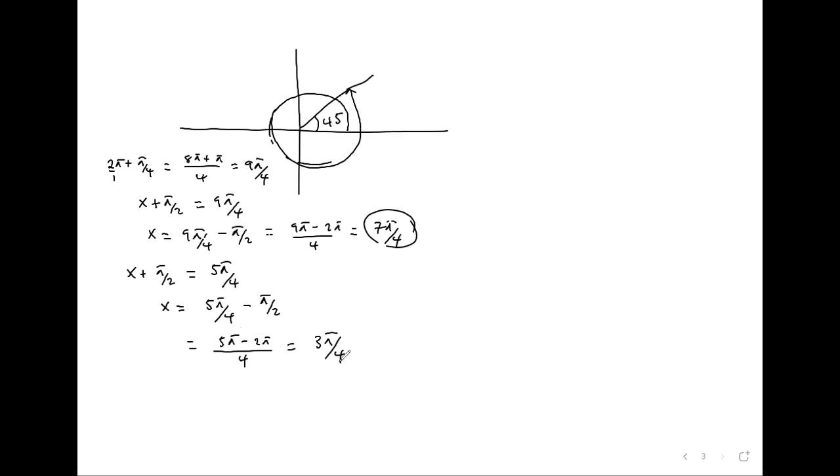This is within the interval given. So x is 3 pi over 4. So I found one. If we go around, we'll be outside the required circle. So between 0 and pi, so far this is the only angle that I've seen that will make sense.